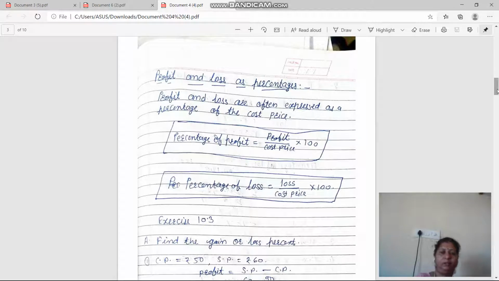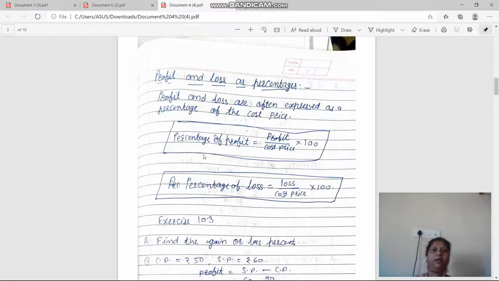So see here, what is the formula for percentage of profit? Revise it properly, all formulas you have to revise. What is cost price? What is selling price? What is profit, loss? Then the formula for profit, formula for loss, percentage profit formula, percentage loss formula.